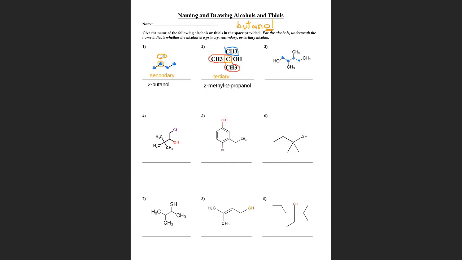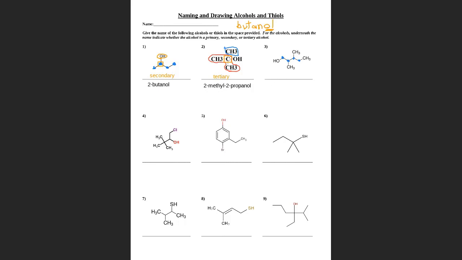Now, what's the longest carbon chain for this alcohol on number 3? 4. Well, that's actually not quite right. Yeah, it's going to be 5 actually.